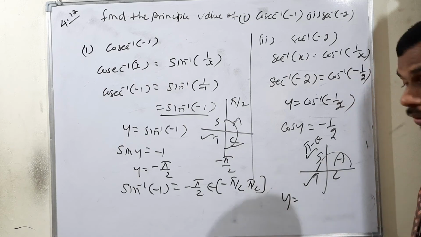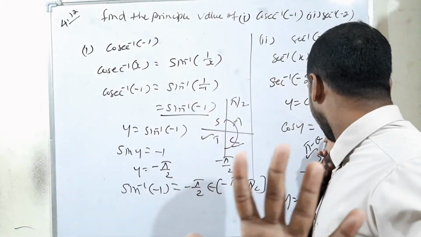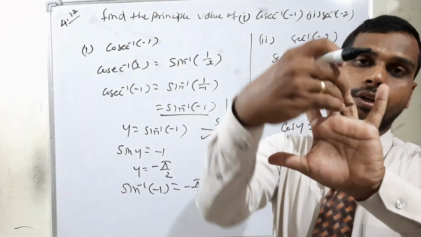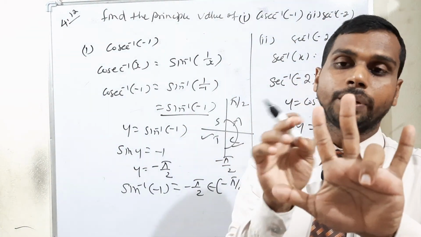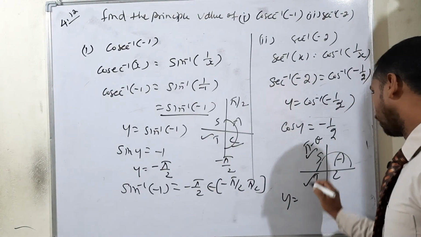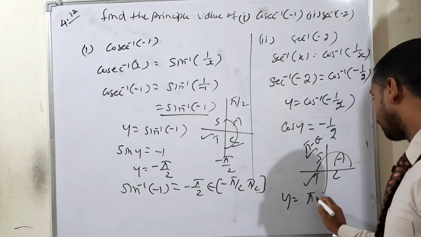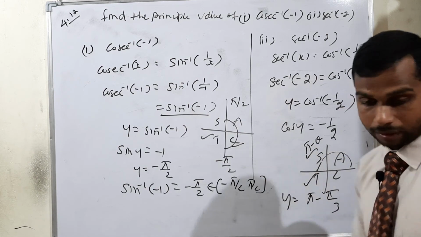Therefore y is equal to, what is the meaning of cos? We have to check the little side value, which is also 1 by 2. For 1 by 2 we fold the middle ring finger: pi by 6, pi by 4, pi by 3. Okay. Therefore the value will be pi by 3, but the condition is pi minus theta, so we write pi minus pi by 3.